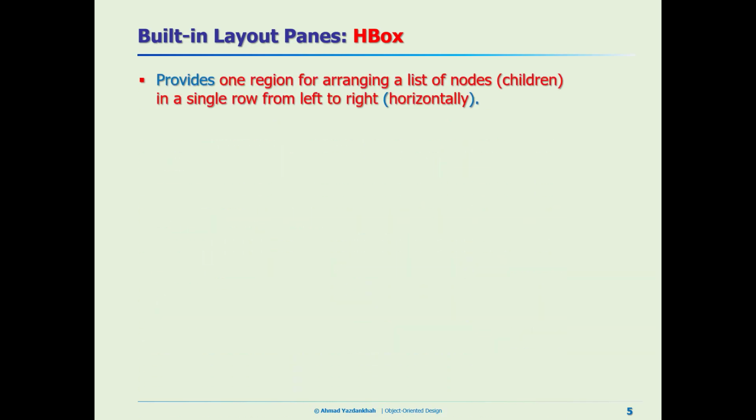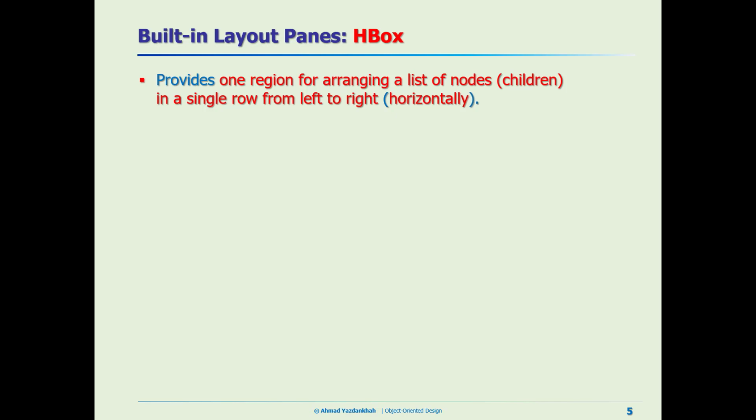Let's start with the HBox. HBox, in the previous lecture, we know how it works, all right? We know that it's a region that when we add new nodes, they will be arranged in a horizontal way, right? From left to right.